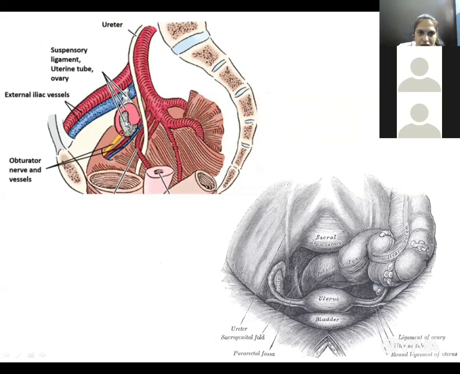Can you see this gray and white structure? Yes. This is the ovary and this is the ureter. Imagining the previous diagram, anteriorly there is an obliterated umbilical artery which is not shown over here, and posteriorly there is the ureter.